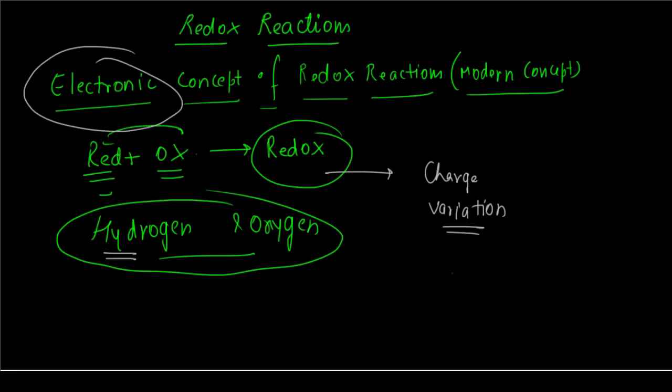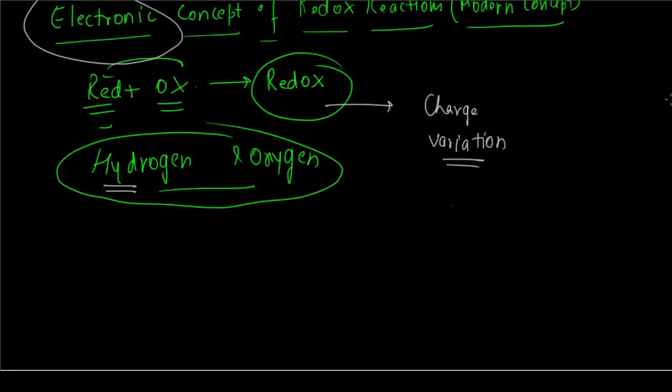And let's now look at the electronic concept. The electronic concept defines reduction as, now you have to hold your breath, because reduction means gain of electrons. See, this might seem confusing. Many people do get confused. Reduction means loss? No. Reduction means gain.